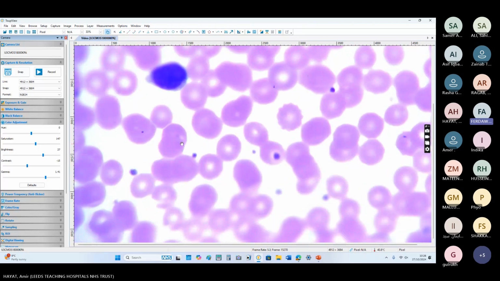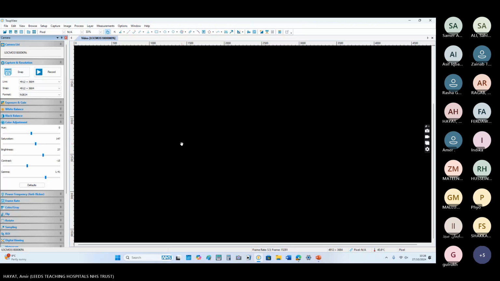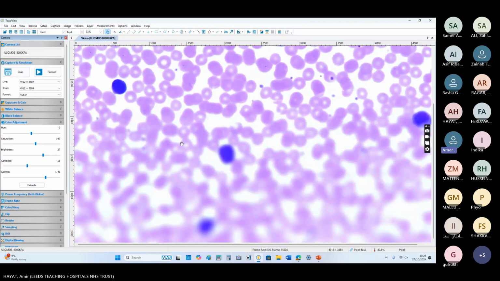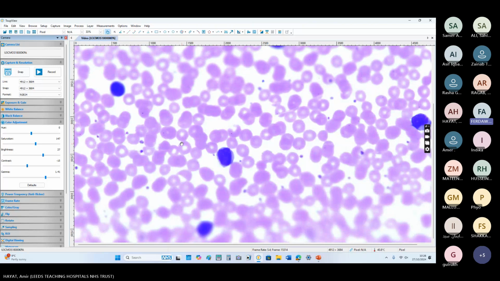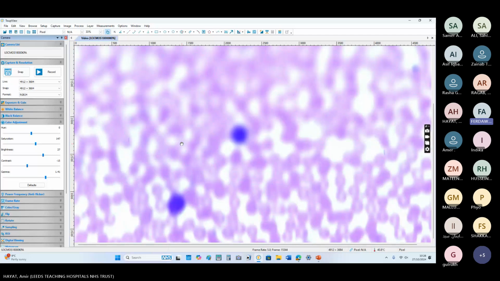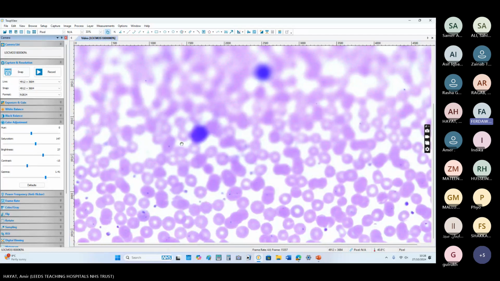So for me, this looks like mature cells, like CLL cells, generally. Is it in your differential, like when you have a first look at the blood film? Do you think about just mature B lymphocytes for CLL?